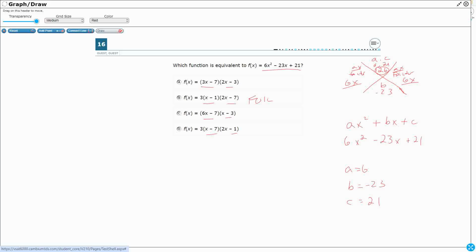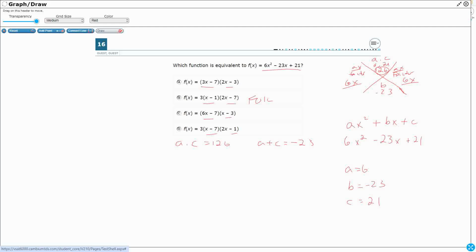So let's figure out how this works. I need two factors. I need those two, when I multiply them, to equal my 126. That's what I have on the top of the x. And then when I add them, they get me to my b, negative 23. If I can find those two factors, then I'm on my way.